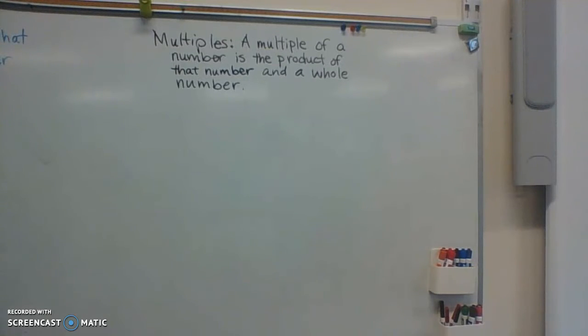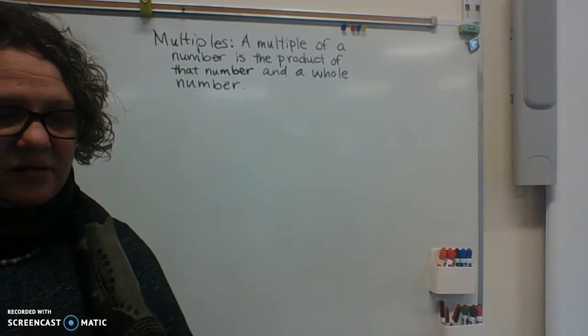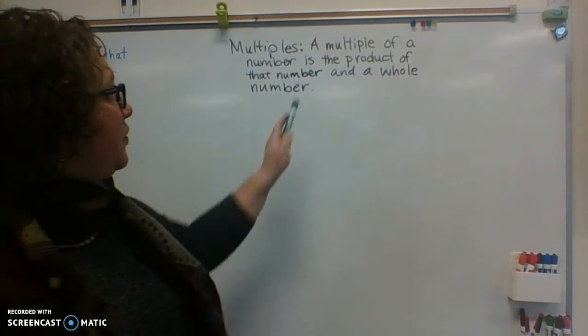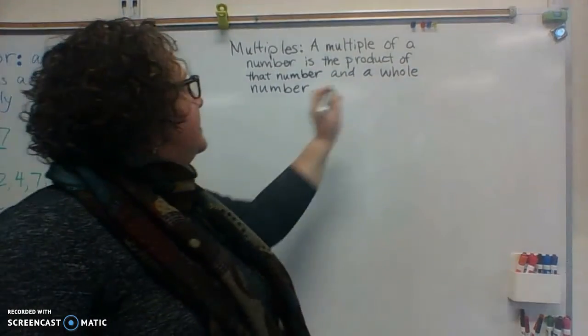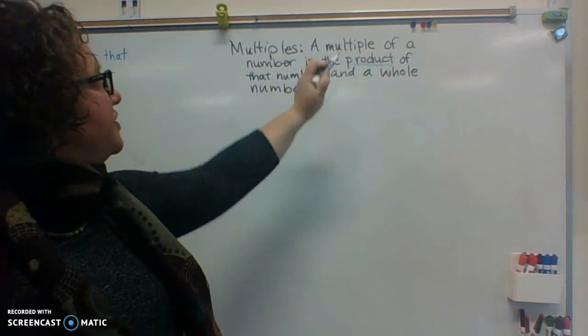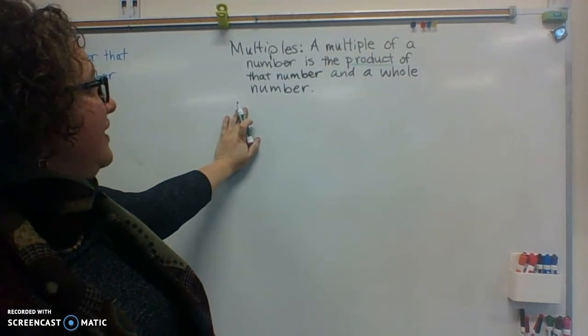Make sure you get that all written down, and then I'm going to go through what that means, kind of break apart that definition. So this word product, remember, means the answer to a multiplication problem.